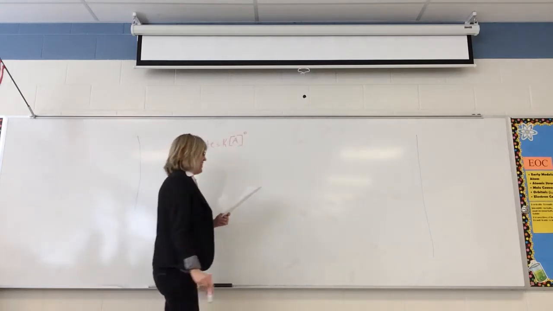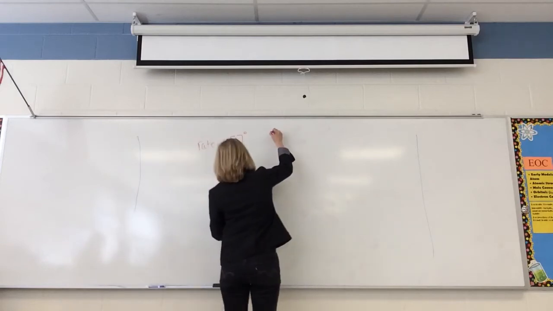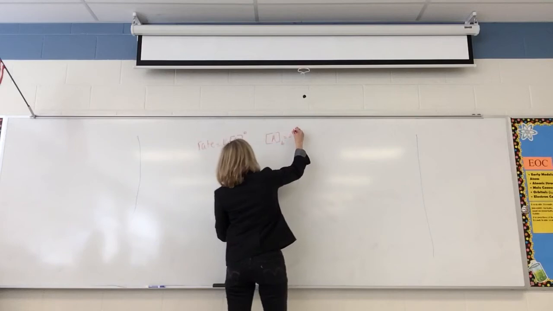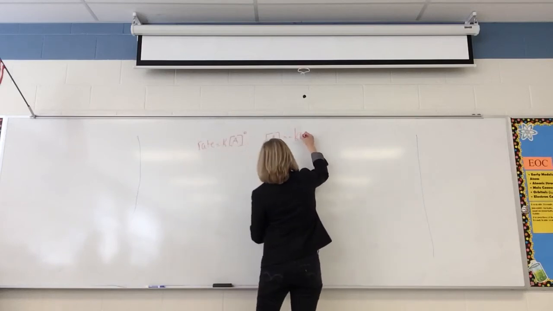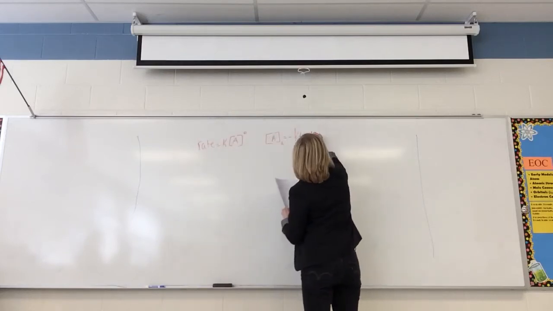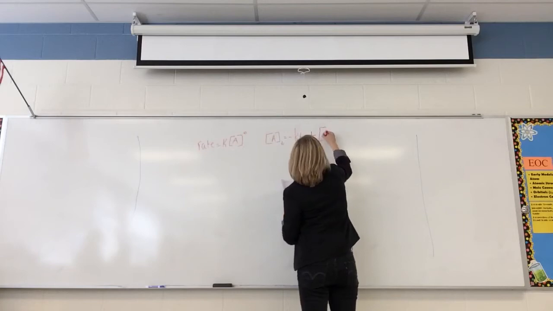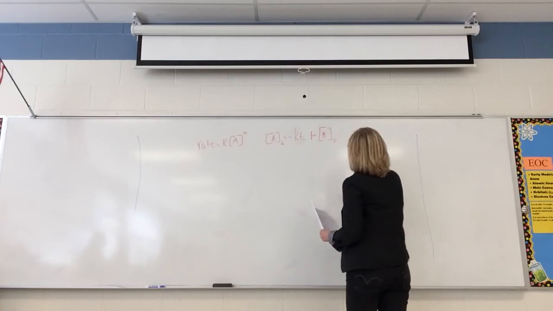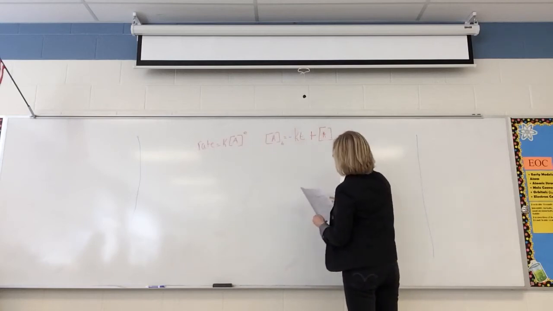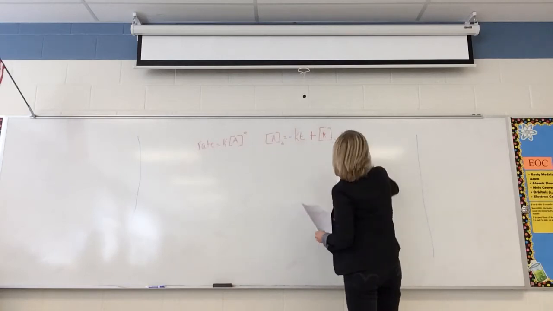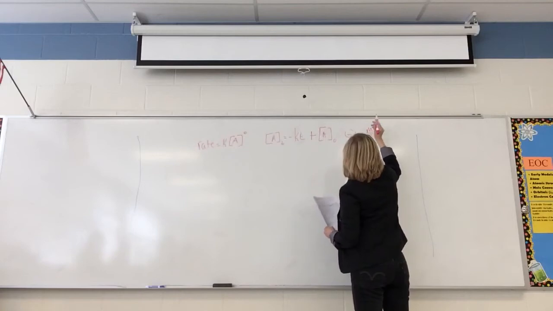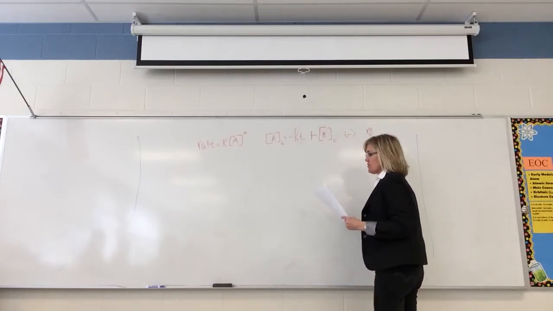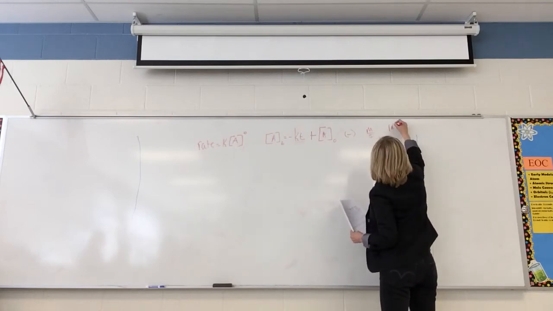The integrated rate law is the concentration of A sub t equals negative lowercase k t plus the initial concentration of A. The slope of the line is negative. The units of a zero order reaction would just be the units of the rate, wouldn't they? And what's unique is that rate is not dependent on anything but the rate itself.